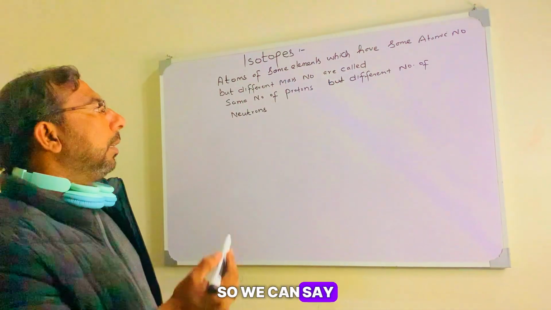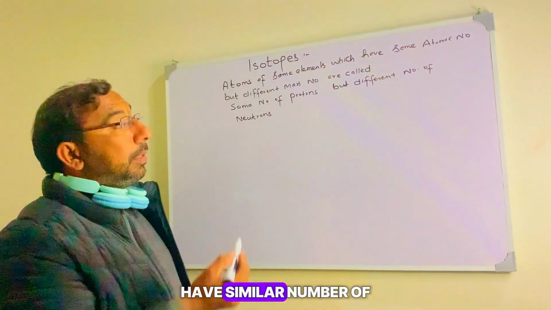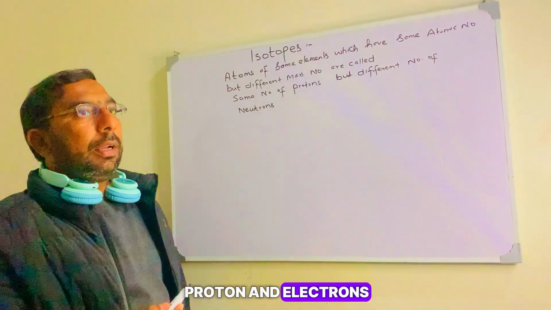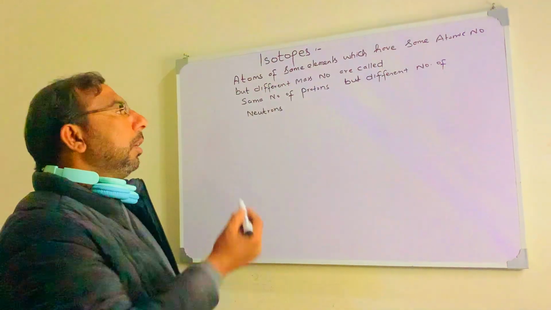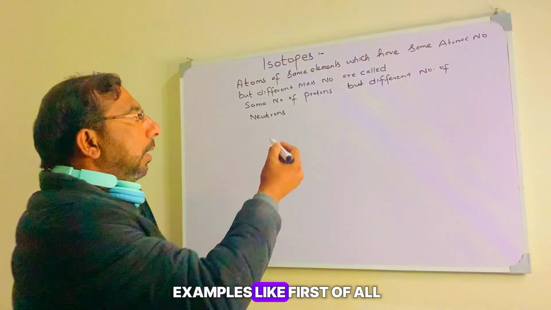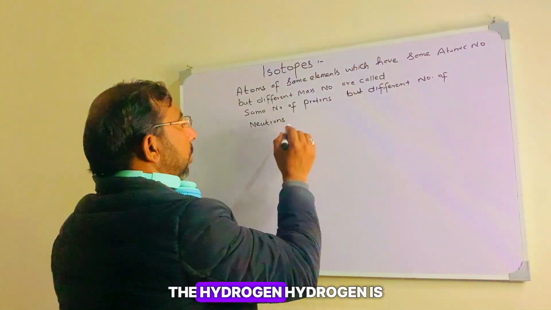So we can say that isotopes have a similar number of protons and electrons, but a different number of neutrons.